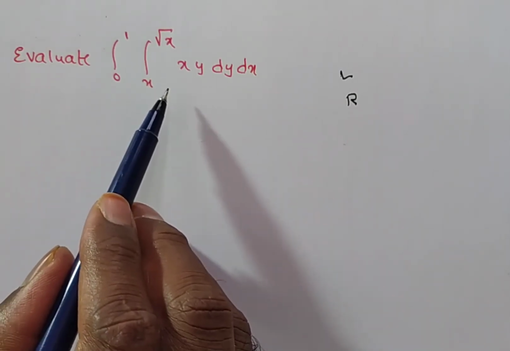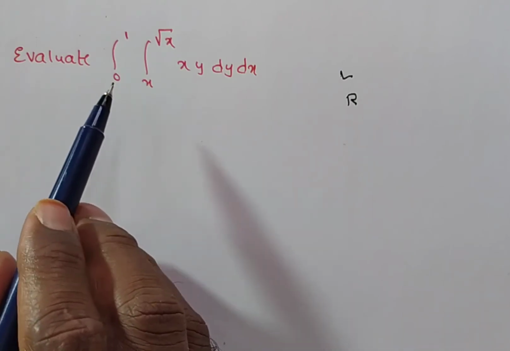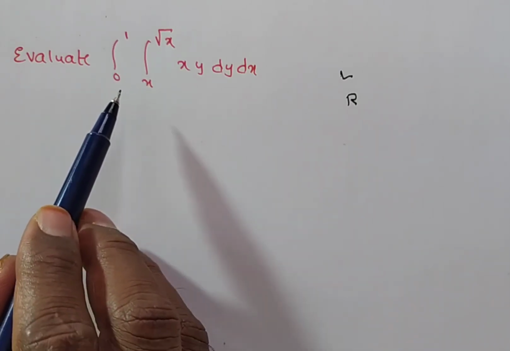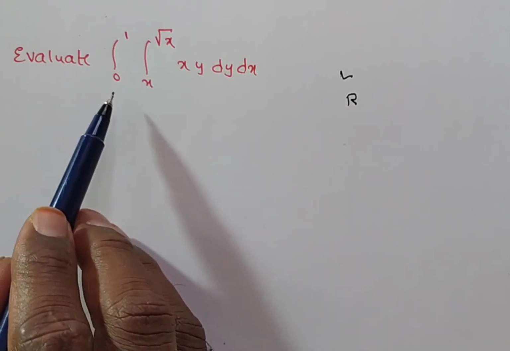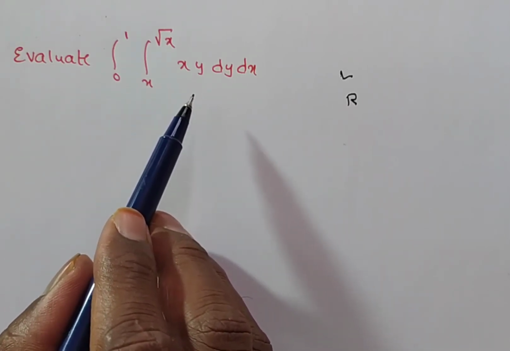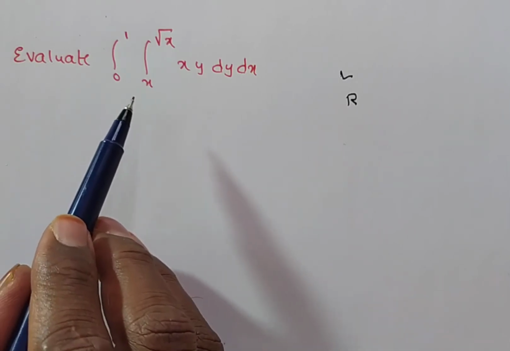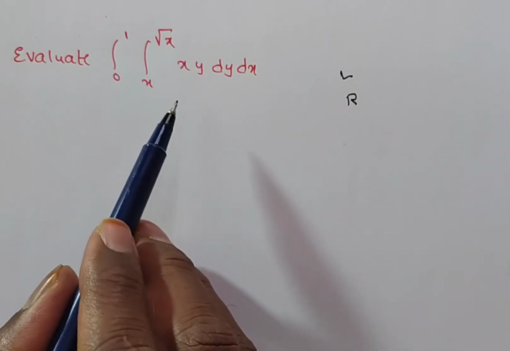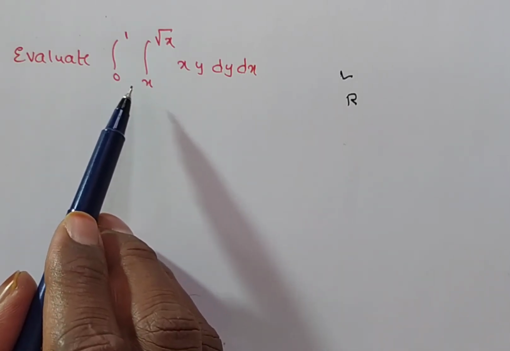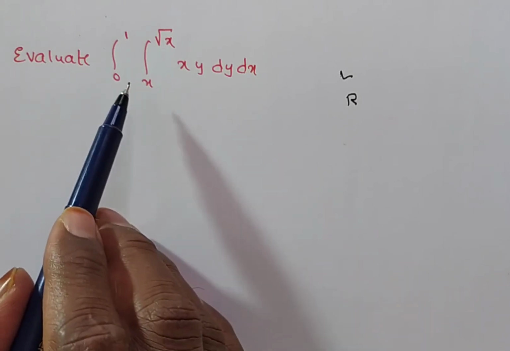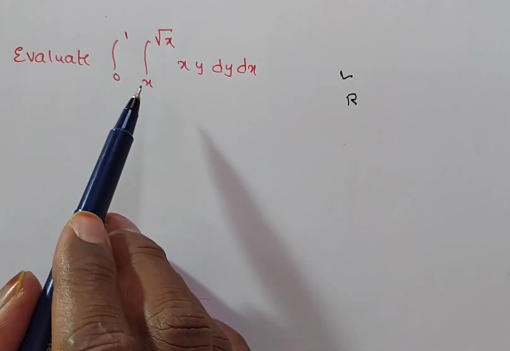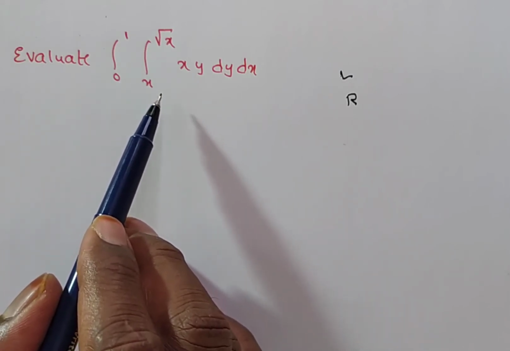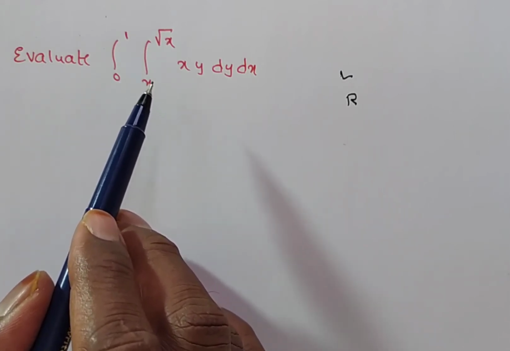Generally, they will give either both independent limits or only one independent limit. If both are independent limits, then we can do integration irrespective of order, nothing but you can do x first or y, based on your interest. But whenever only one is independent and the other is dependent, we have to integrate with respect to the dependent variable.